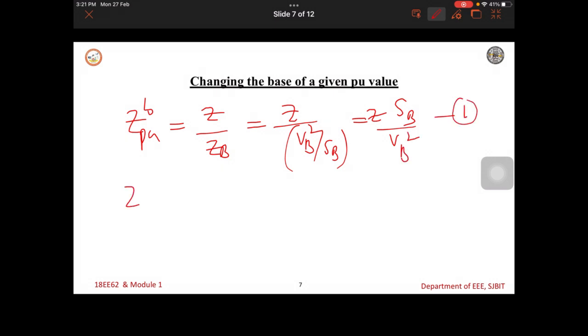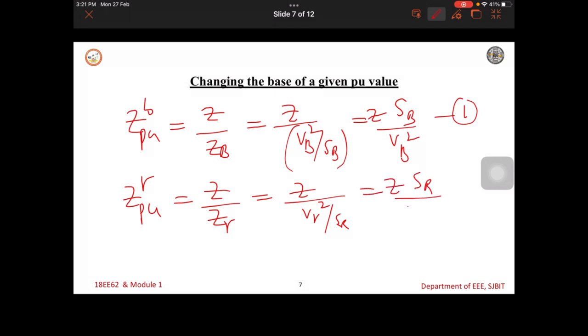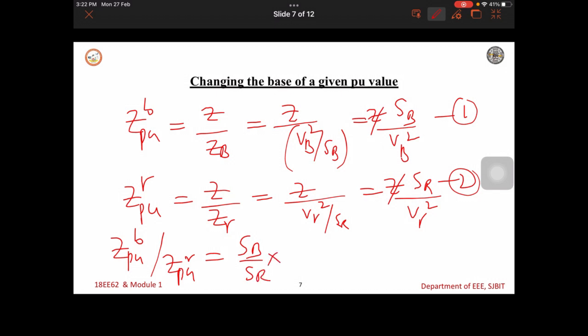Similarly, per unit impedance on the machine rating as base is equal to Z divided by ZR. So, this can be written as Z divided by VR square by SR, which is Z into SR divided by VR square, equation 2. So, what we do is divide equation 1 by 2. What we will get is Z per unit on base divided by Z per unit on rating is equal to, Z gets cancelled, ZB by ZR into VR square divided by VB square.